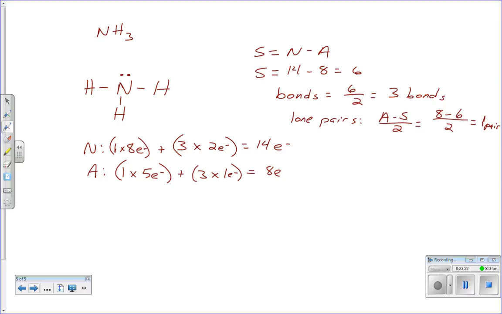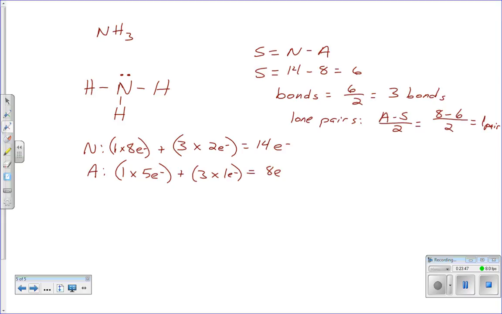So that lone pair is going to fill it up. Okay, so now each of these hydrogens feels like it has 2 electrons, which is all they want, and that nitrogen in the middle feels like it has 8. Anything that's not hydrogen is, in the end, going to feel like it has 8 electrons around it.